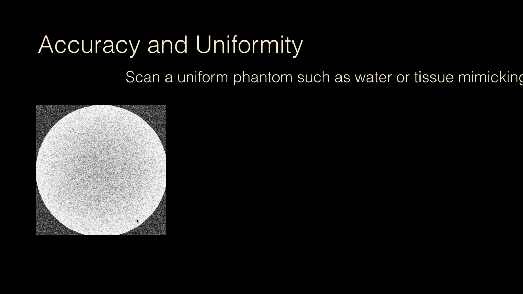And in this case, we note that the pixels out here at the edge are in general a little bit higher than the pixels in the middle here. This is called cupping, because if you were to draw a profile across this region, it would be high at the outside and then lower in the middle, high at the outside again. So the profile would look something like a cup. So this is called cupping.